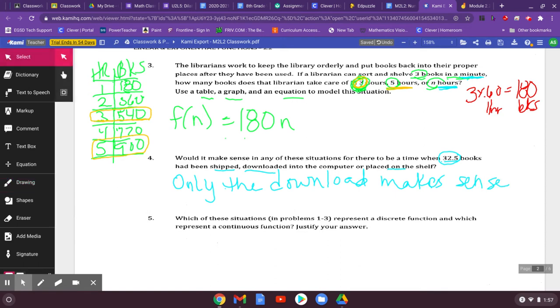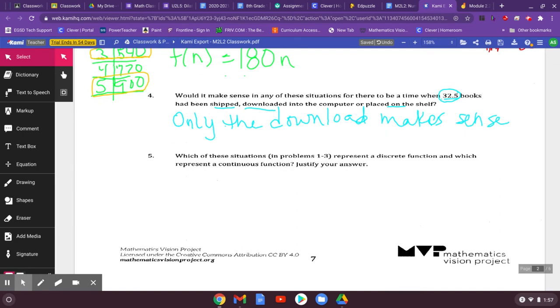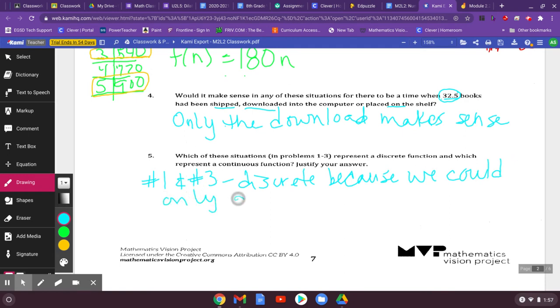Okay, number 5. Which of these situations in 1 through 3, so the ones we just did, represent a discrete function and which represent a continuous function? Justify your answer. Well, we said number 1 and number 3 were discrete because we could only get or shelve whole books.